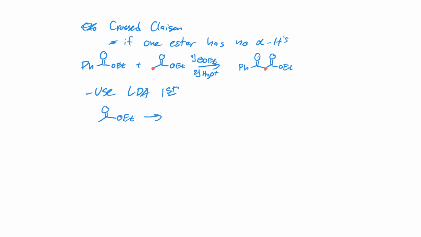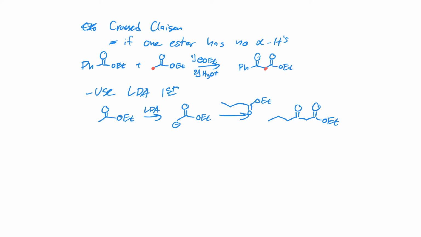So if I use LDA here, I know that I'm going to get a quantitative deprotonation at the alpha position. Then I can react it with another ester in a crossed Claisen, and we would produce something like this.